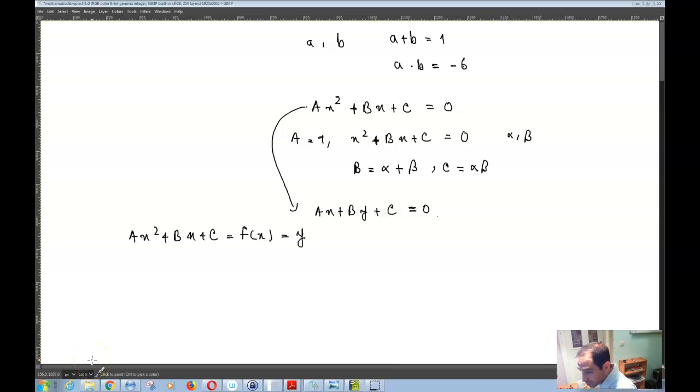Okay, so now the solution for this example.